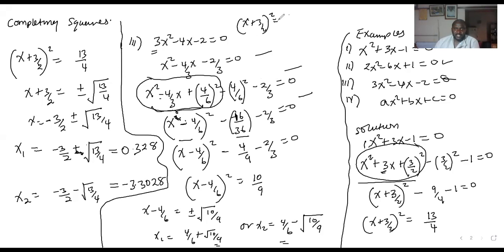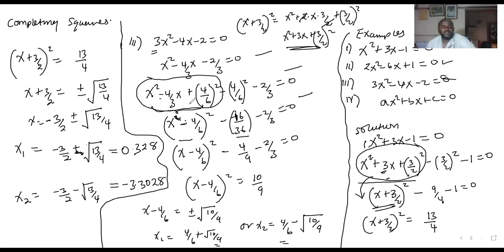If you're expanding it, you'll get x squared plus twice times x times the second term, plus 3 over 2 squared. You see that this reduces by 2, then you get x squared plus 3x plus 3 over 2 squared. So this is what was here before. I go and take it back before expanding, it comes back to this one.